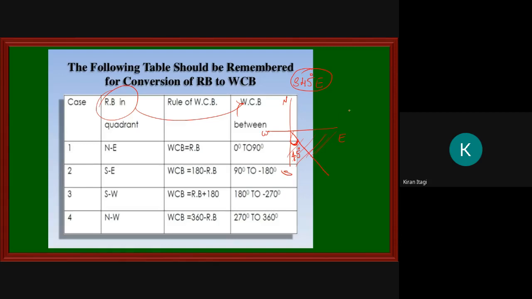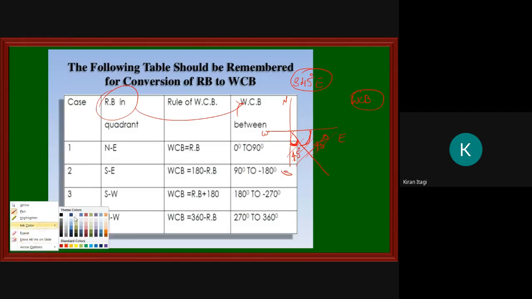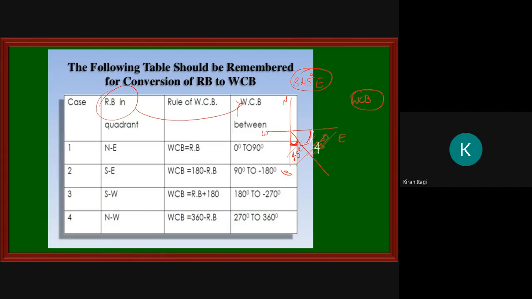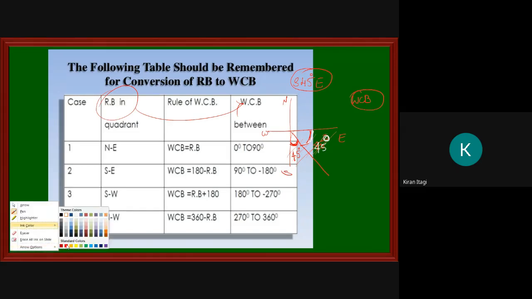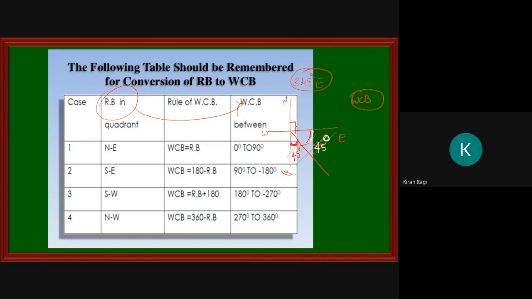Now I want to convert it to whole circle bearing. Therefore, if this is 45, this will also be 45 degrees, and this is 90 degrees.